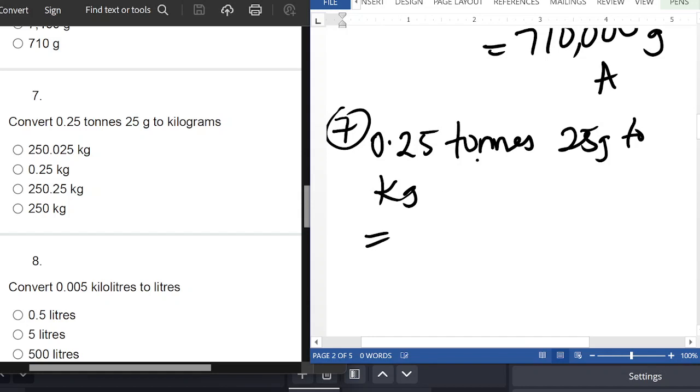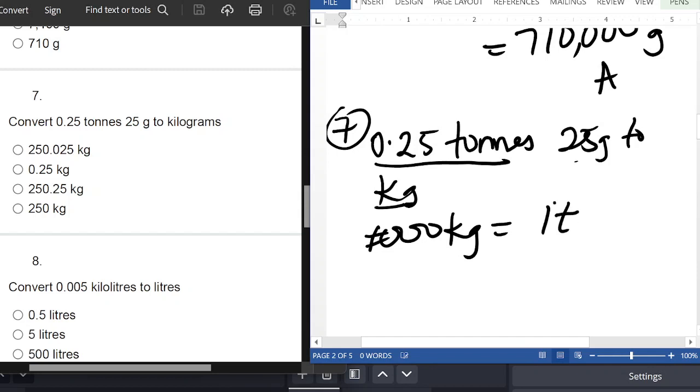The first thing, to change tons to kilograms, we also change grams to kilograms. Kilogram is less than ton, so how many kilograms will make a ton? That is 1000 kilograms equals 1 ton, right?